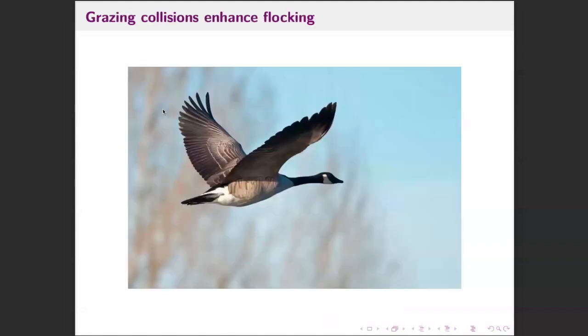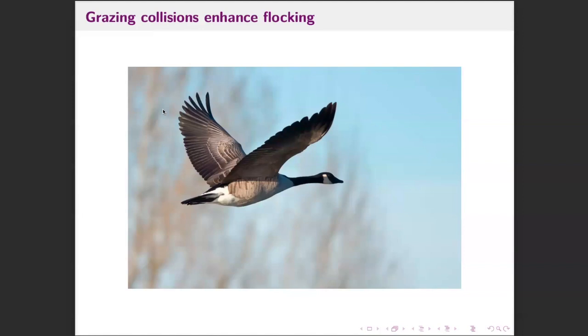And to better understand this, you can think about it in an ornithological way, because when birds fly, they always position themselves and their wings in such a way that they have very little frontal collisions with air, right? If a bird would fly like this, they would come to a halt very quickly. It will always try to just obtain some lift and have only grazing collisions with air.